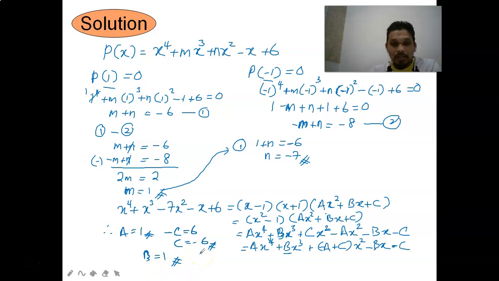Okay. So a equal to 4, a equal to 1, b equal to 1, and c equal to negative 6.